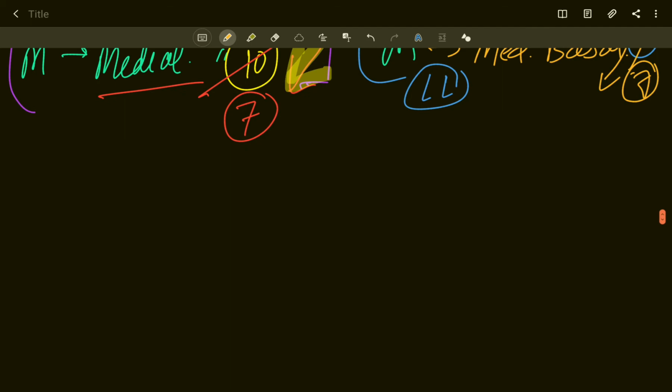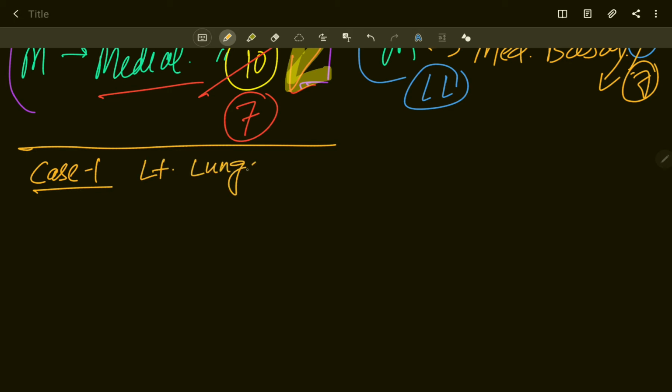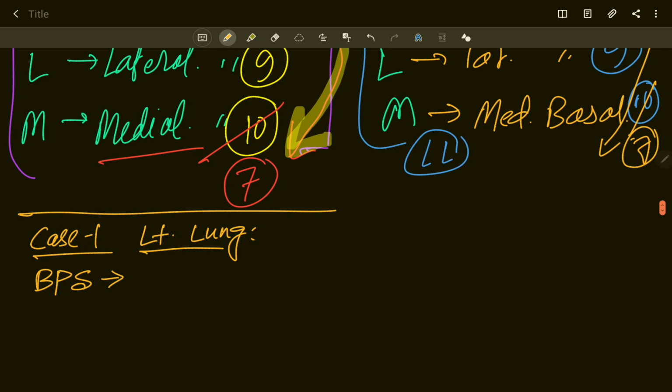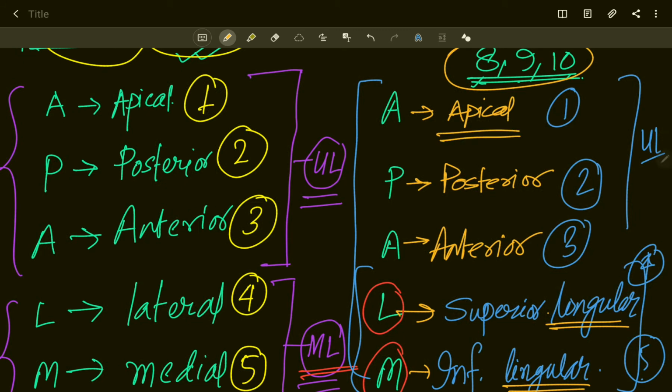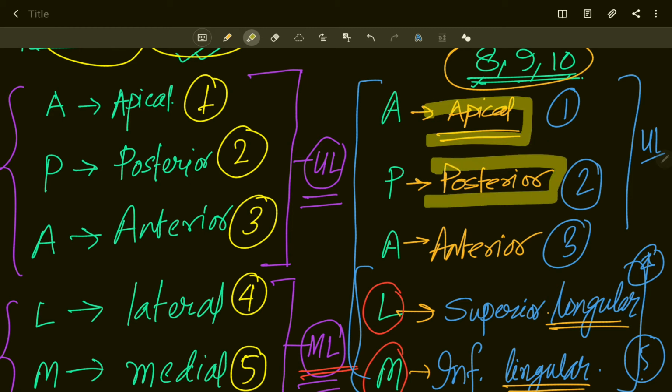So I am writing cases. Case 1 for left lung bronchopulmonary segments. In the first case, I am highlighting the apical and the posterior, that means segment 1 and segment 2.